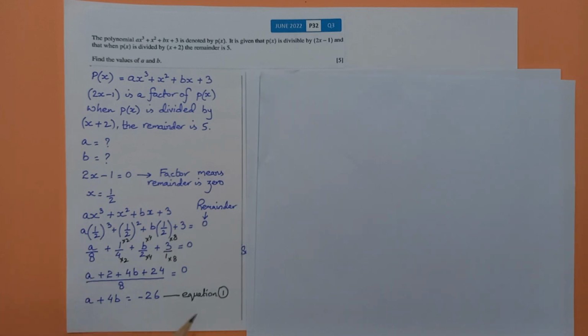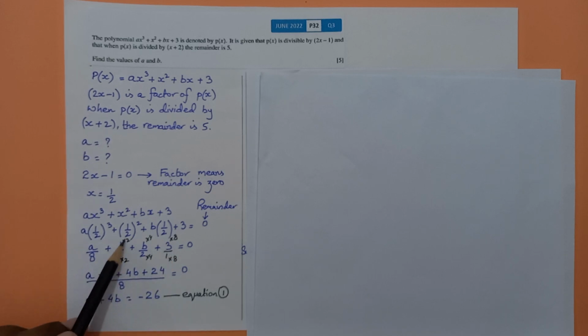After simplification, we get a condition that this becomes equal to 0. If you check this step, the denominators are 8, 4, 2 and 1. Simply make all the denominators the same by multiplying with the factors to make all of them 8, so that we can add the numerators: a plus 2 plus 4b plus 24, and all the denominators are now 8.